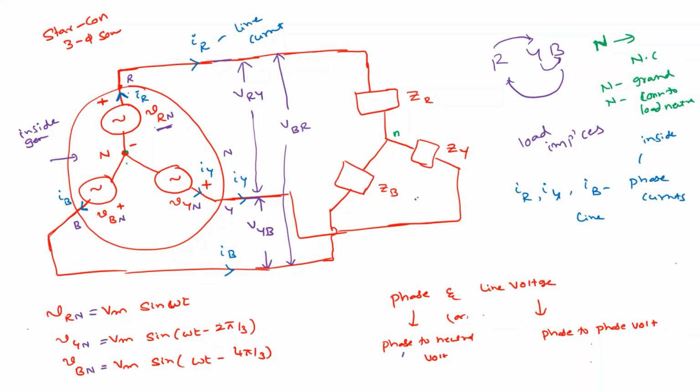One is it's left open, so there is no connection or we are not accessing the neutral. Another option is the neutral is connected to ground. And another option is the neutral is connected to the load neutral.